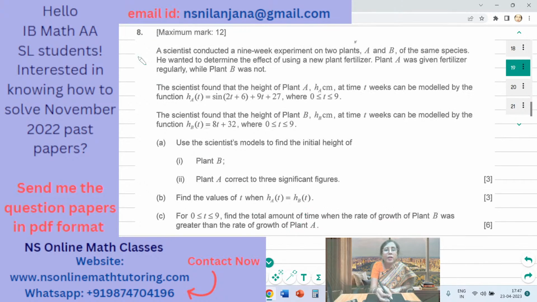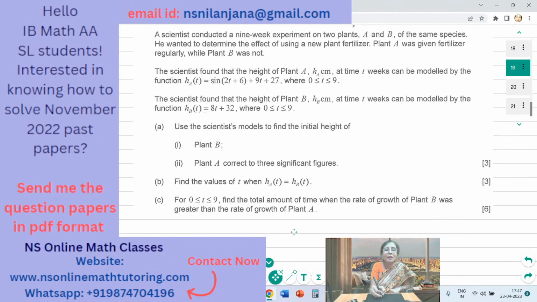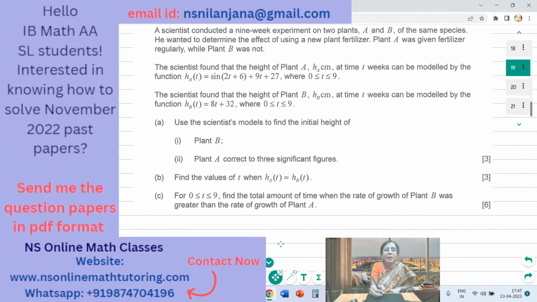So now coming to question number 8. Maximum mark 12. A scientist conducted a 9-week experiment on two plants, A and B, of the same species. He wanted to determine the effect of using a new plant fertilizer. Plant A was given fertilizer regularly, while plant B was not.